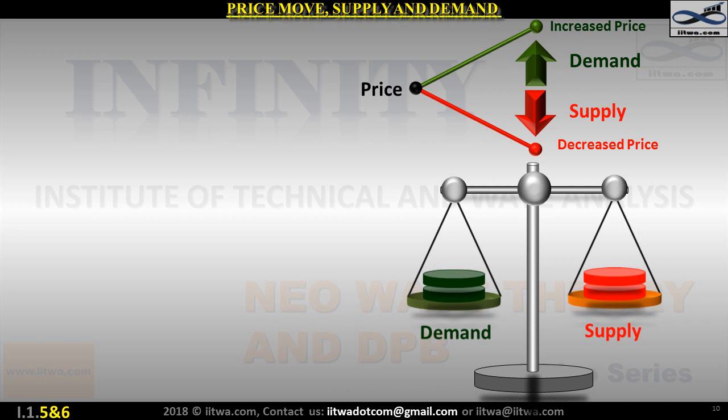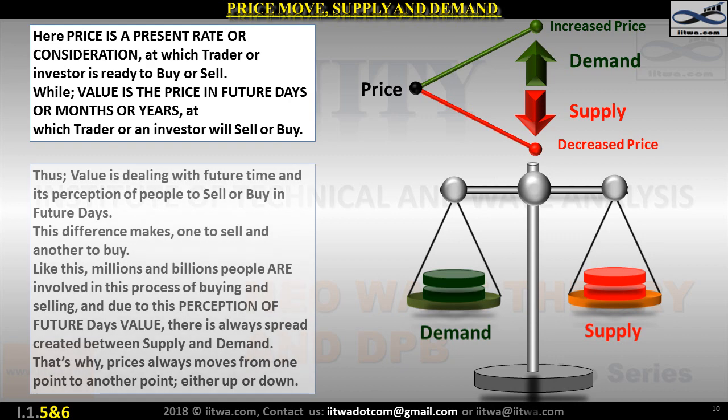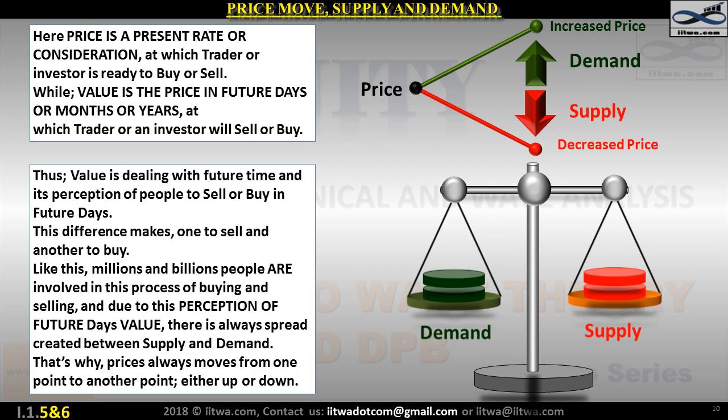The answer is simple. That is, the difference between supply and demand is due to the difference between price and value. Here price is a present rate or consideration at which a trader or investor is ready to buy or sell, while value is the price in future days or months or years at which a trader or investor will sell or buy. Thus, value deals with future time and the perception of people to sell or buy in future days.